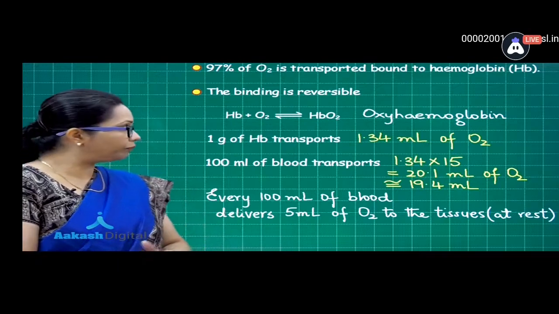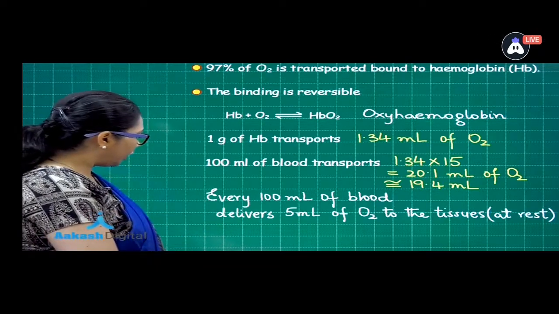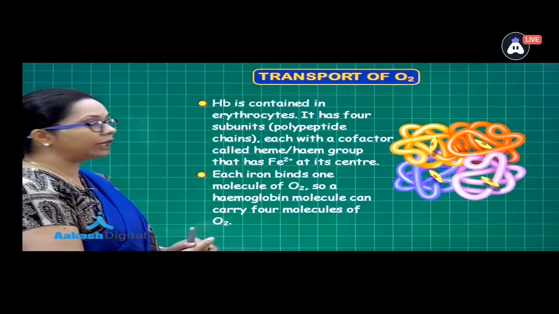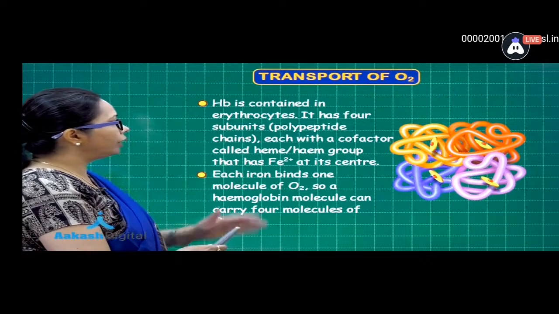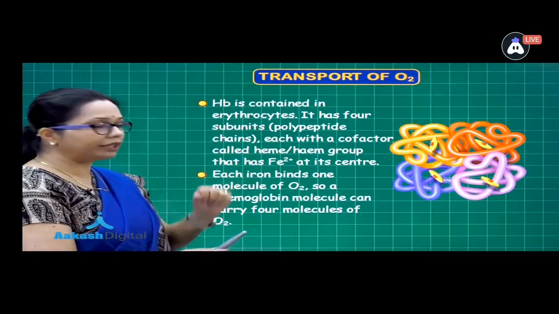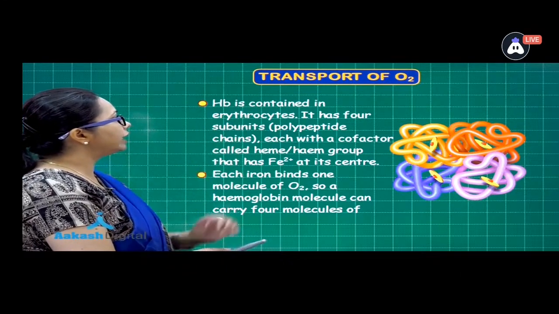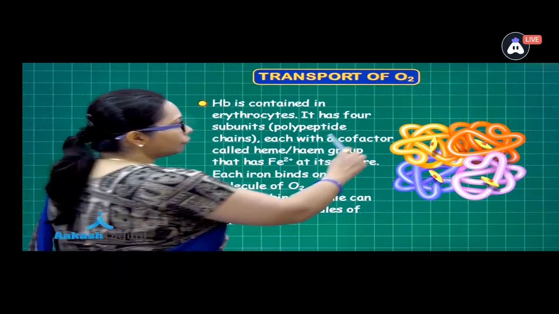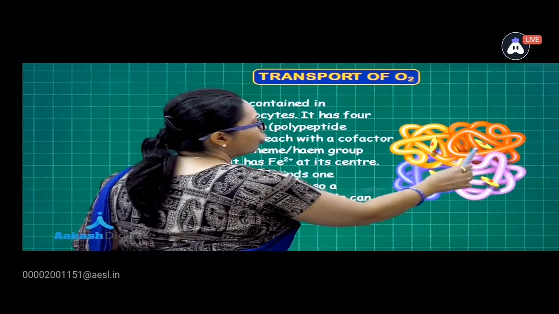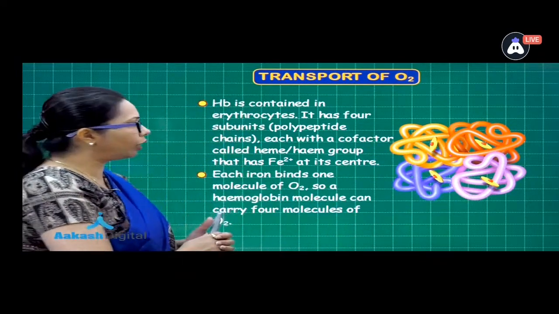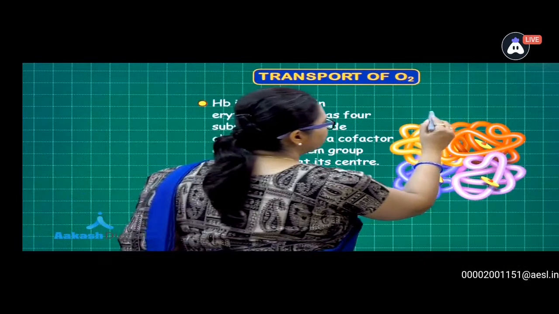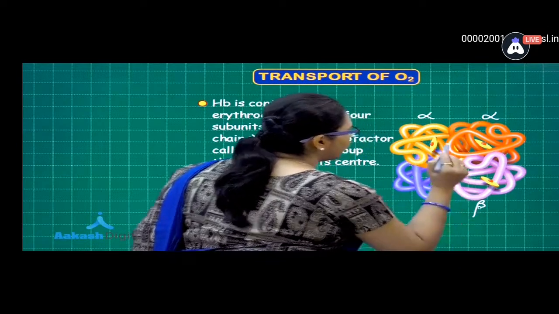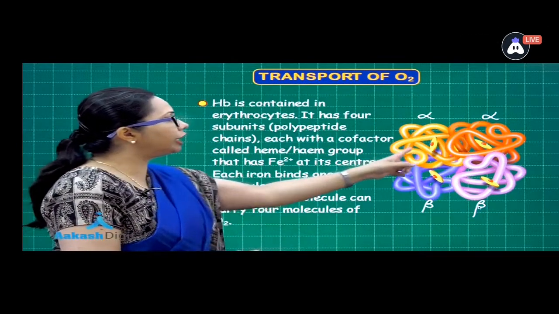Now next thing here, coming to this transport of oxygen, the oxyhemoglobin that we discussed. Now this oxyhemoglobin is oxygen plus hemoglobin. Now hemoglobin, as we know, is contained inside the erythrocytes, that is our RBCs, and if we see the structure of the hemoglobin, it has 4 polypeptide chains, which are 2 alpha chains and 2 beta chains, and each of these chains has a heme porphyrin.